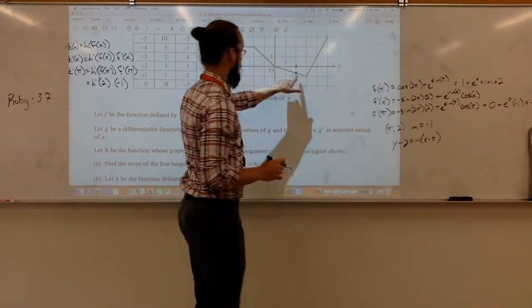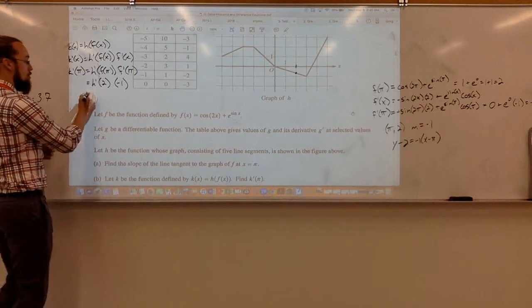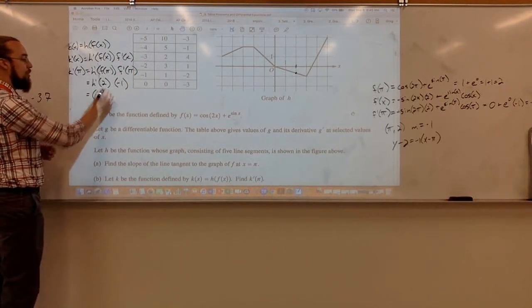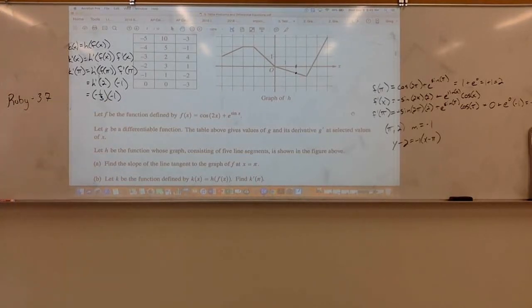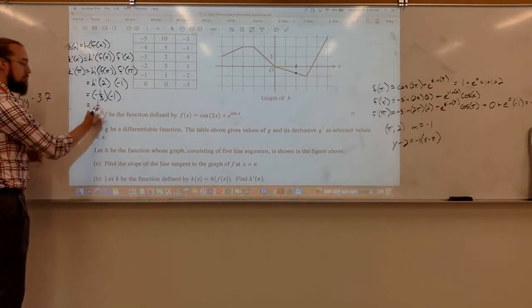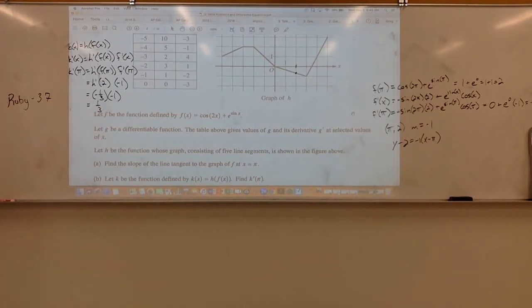We're just finding the slope of this line. So this becomes negative 1/3 times negative 1. Technically, we could stop there. Obviously, this is a really simple thing to multiply together, but we could just leave it as negative 1/3 times negative 1. You okay with that one?